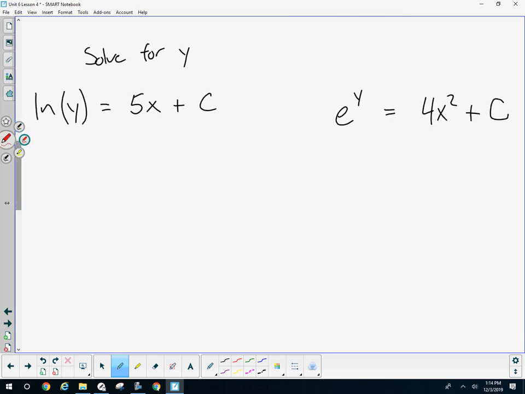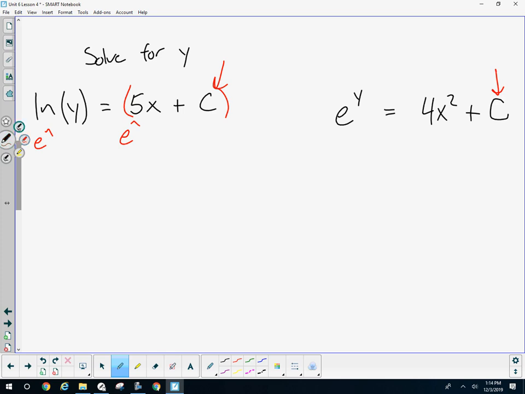What's a little bit new is the fact that we're going to have c's involved. Whenever we take antiderivatives, we have that plus c. Let's say I had to solve for y. What's very important is to take e to the entire side. A lot of times when we've been manipulating c, we've said, oh, 2 times c is just c. If you subtract a number from c, you still have c.